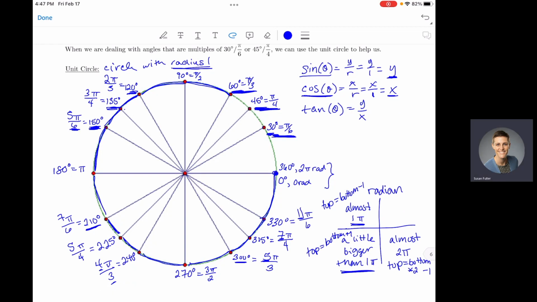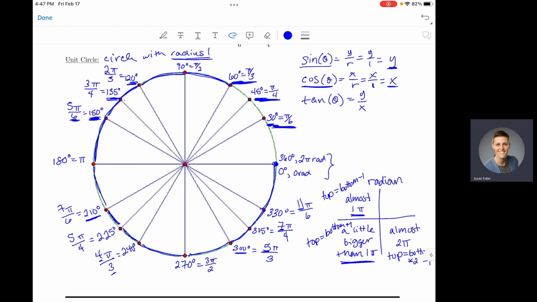Now, the ordered pairs on our unit circle, we're going to label the ordered pairs that go with each of these points. I'm going to start with our quadrantal angles. What that means are these angles here between our quadrants. These are the ones on our axes, because these are going to make the most sense.